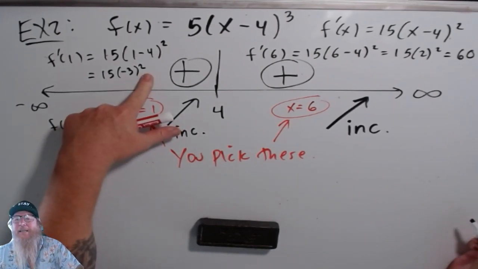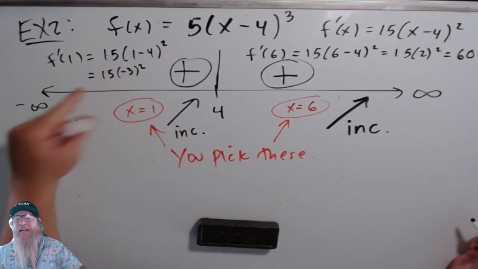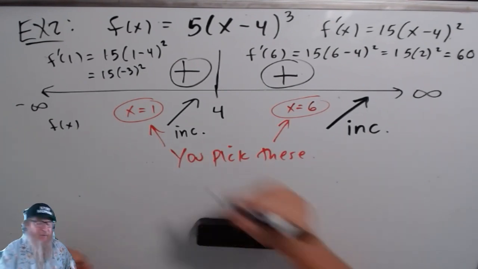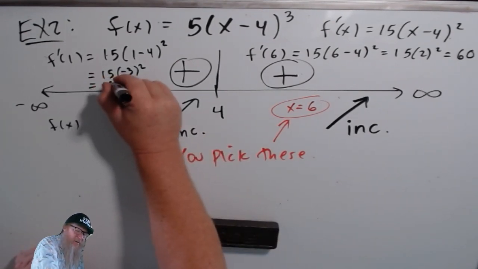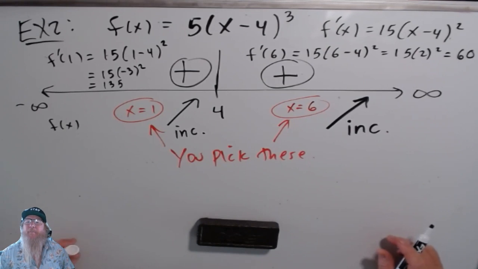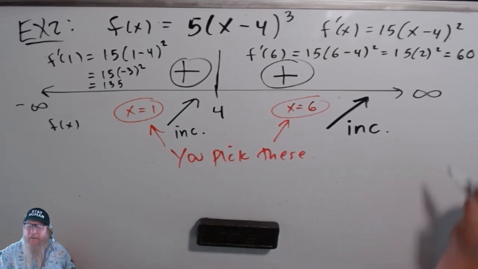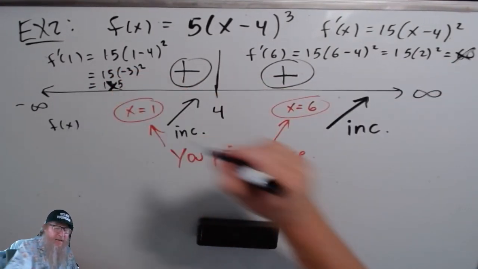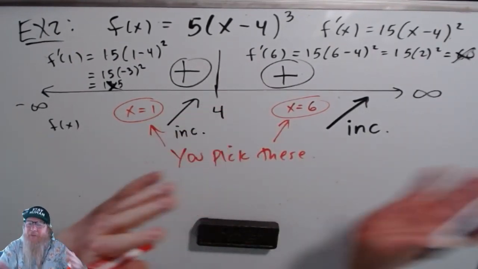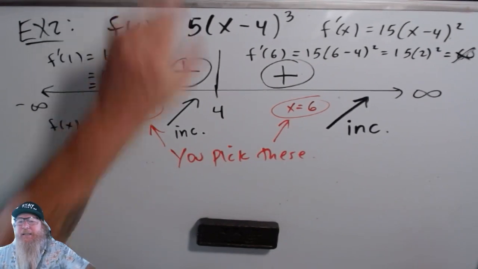Negative 3 squared is 9. 9 times 15 is whatever it is. I don't care what it is. It's 135 if you care, I think. 9 times 15 is 135. But again, I don't care. All I care about is the sign, whether it's positive or negative. So this graph is always increasing.